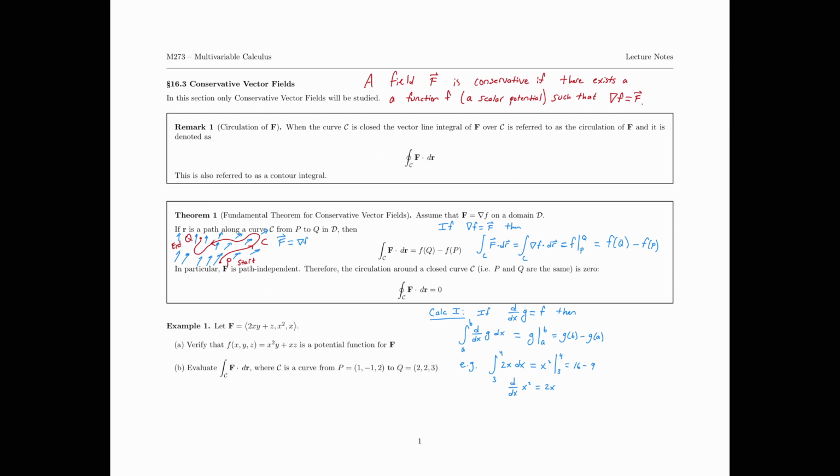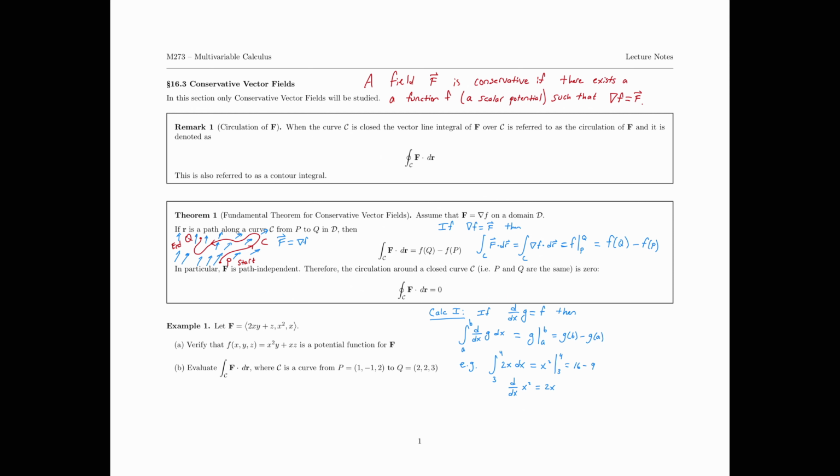So if we take this idea down here, if this vector field capital F is the same as the vector field up here, in other words, this vector field is the gradient of f, well, if the beginning and endpoints are the same, then this means P must equal Q, in which case this would be f of Q minus f of P, but if P and Q are the same thing, that has to be 0.